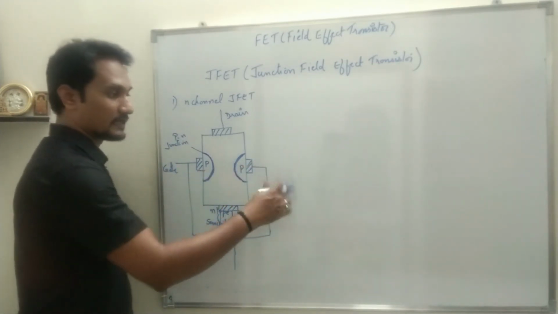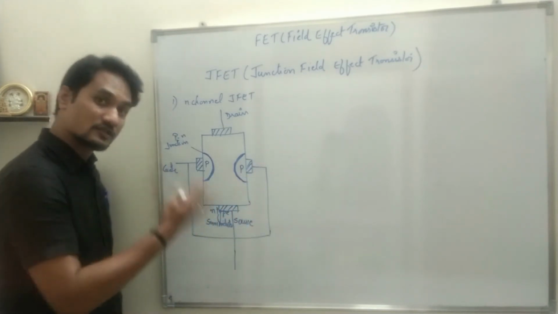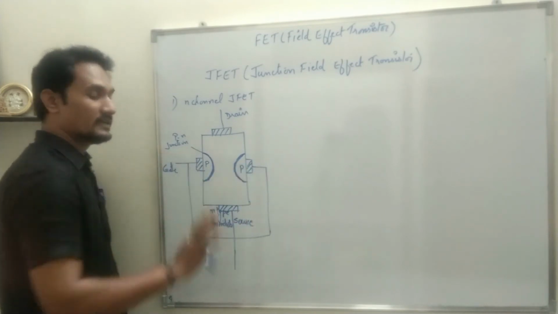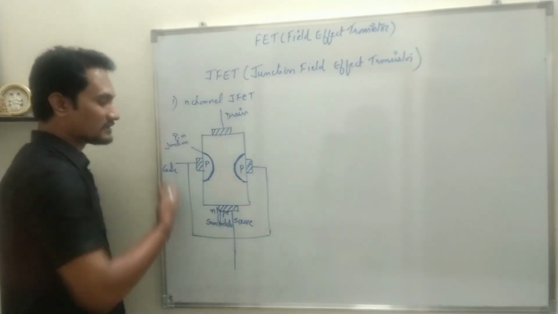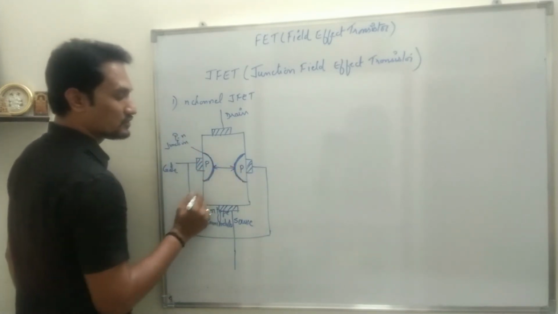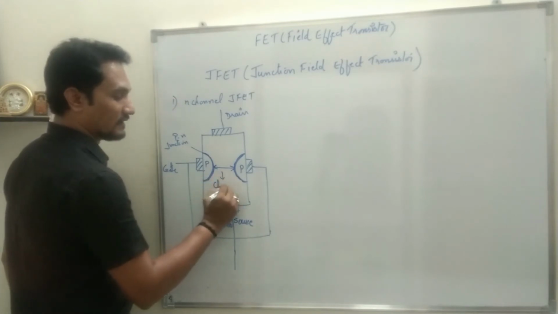In the next part, when I explain the working, I will not show this interconnection. You have to assume that these two p-n junctions are always internally connected. So this is the construction part. The region between these two p-n junctions is called the channel.